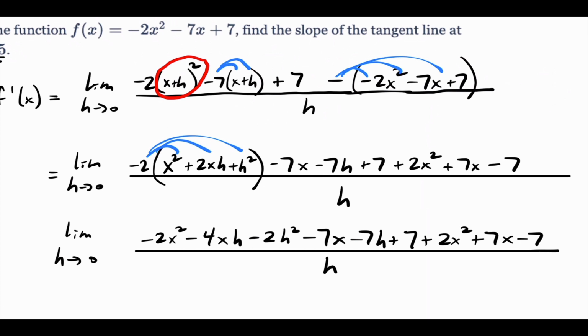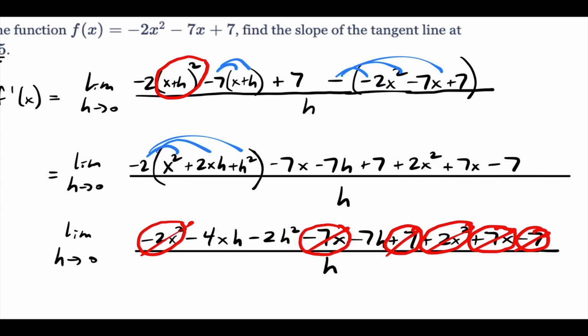Okay? So now let's see. I got a lot of things that will cancel out. That guy and that guy go away. I have a positive 7x and a negative 7x. Those guys go away. Those guys go away. I have a positive 7 and a negative 7 that go away.